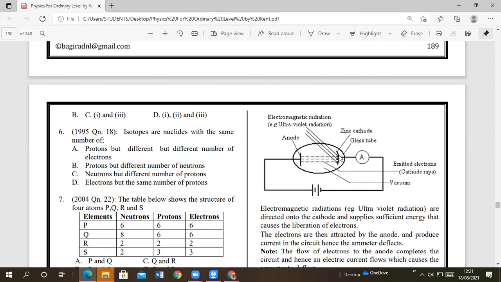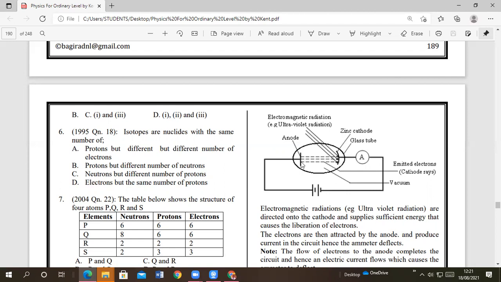And electrons are negatively charged, while the anode is positively charged. So it means that electrons, which are negative charge, are going to move from the cathode to the anode, because the anode is positively charged. The electrons will be attracted to the anode.